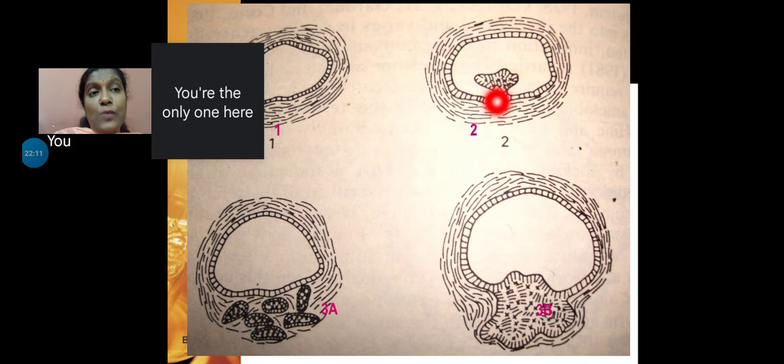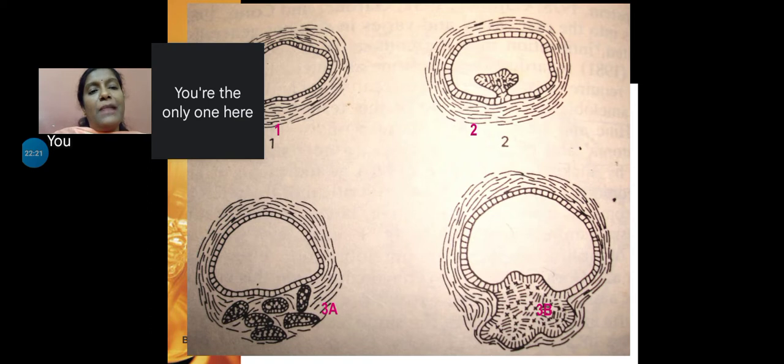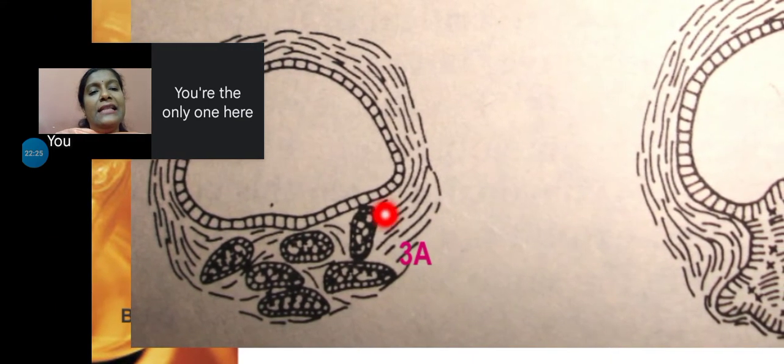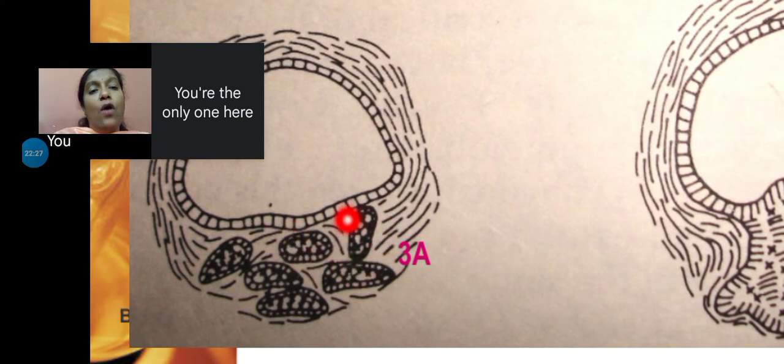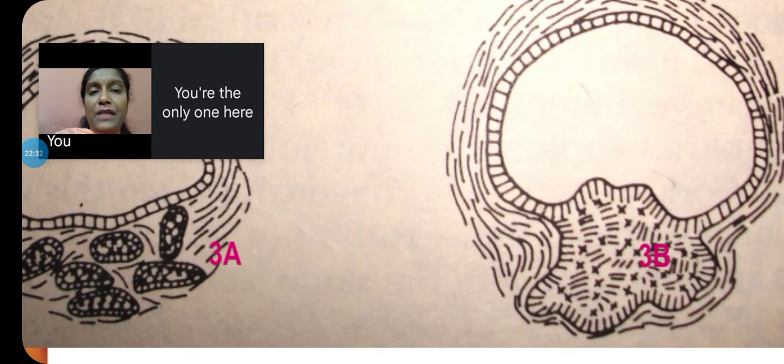Lining as well as projection into the lumen makes it intraluminal. Mural type, apart from lining epithelium, when we are able to appreciate ameloblastic islands inside the connective tissue, then it becomes the third type, that is the mural type.